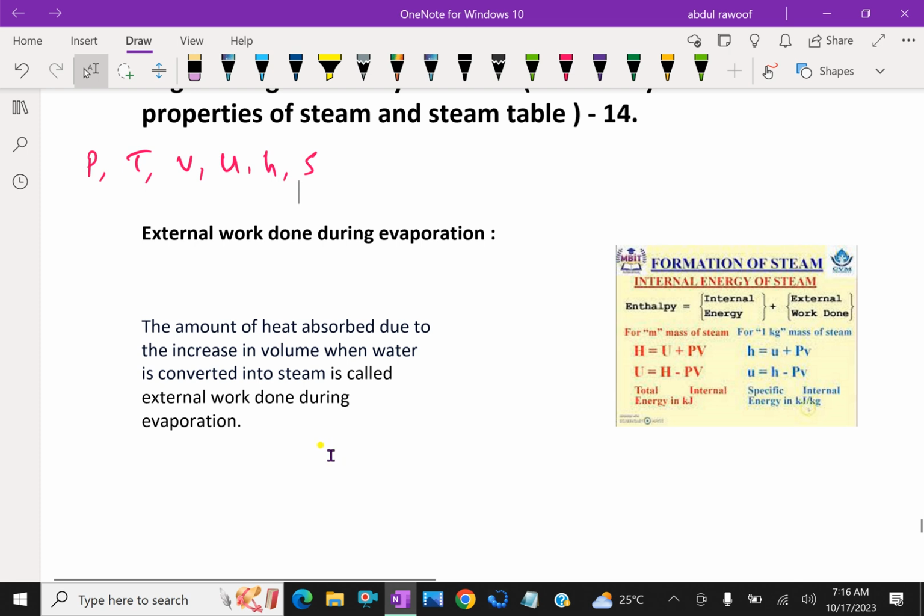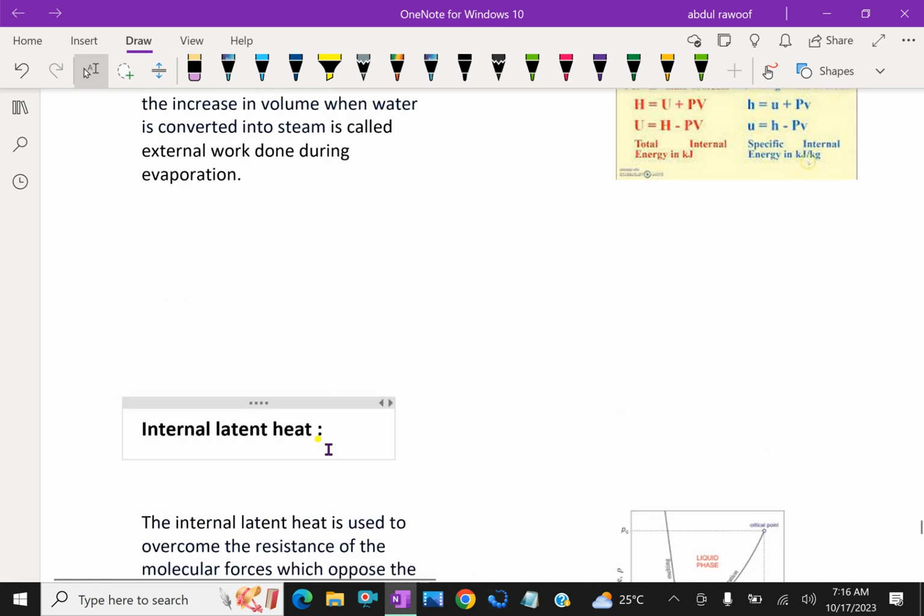When water is evaporated to form saturated steam, its volume increases from Vf to Vg at constant pressure. Thus external work is done by steam due to increase in volume. The energy for doing the work is obtained during the absorption of latent heat.